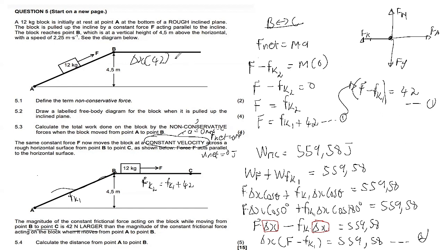So now we have 42 times delta X equal to 559.58. Then we can divide both sides by 42. Our delta X right now has to equal, if you punch that in your calculator, 13.32 meters. And that's how you were supposed to solve that question for a total of 5 marks.